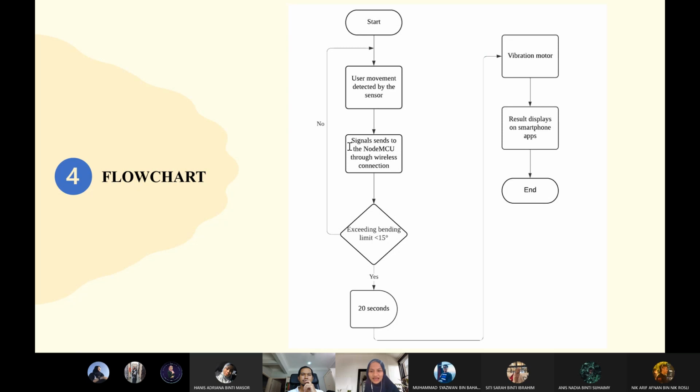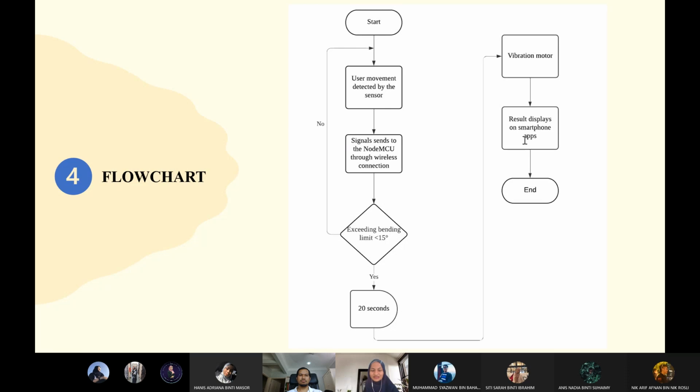If the user reaches less than 15 degrees and stays about 20 seconds, it will pass to the vibration motor that gives a tingling sensation as a command or reminder for the user. Then the vibration still gives a comfortable effect for the user. If the user does not exceed the detection limit, it will stay at the start of the program.